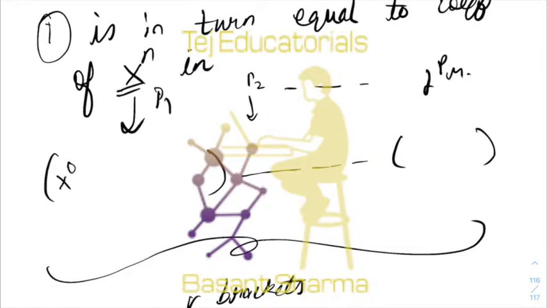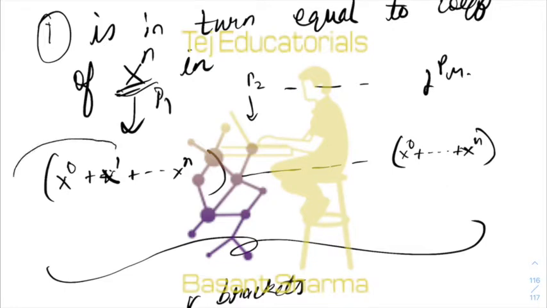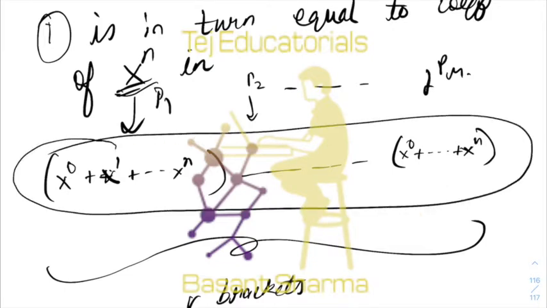So you write x to the power 0 plus x to the power 1, and so on till x to the power n, and similarly in every bracket you write x to the power 0 plus so on till x to the power n. Okay, so what I'm saying is this value n plus r minus 1 C r minus 1 can also be obtained as the coefficient of x to the power n in the expansion of this thing.